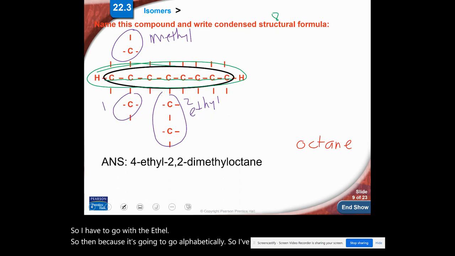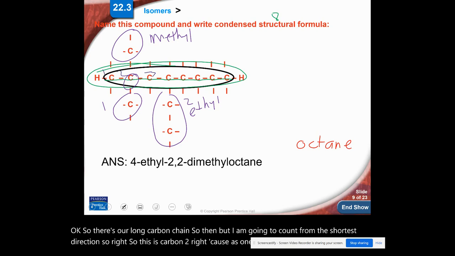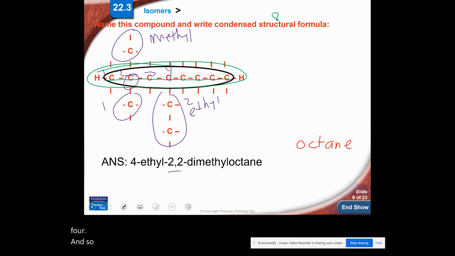So there's our long carbon chain, but I am going to count from the shortest direction. This is carbon number 2, because that's 1, 2. And then that's 3, and that's 4. And so I have 2,2 dimethyl, 4 ethyl.